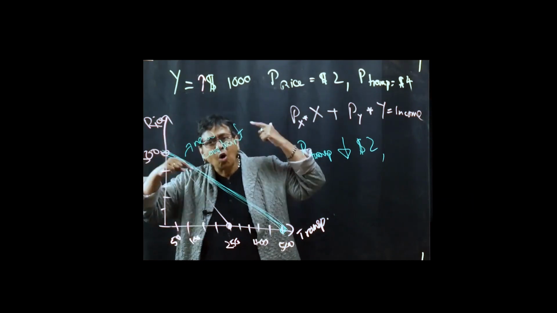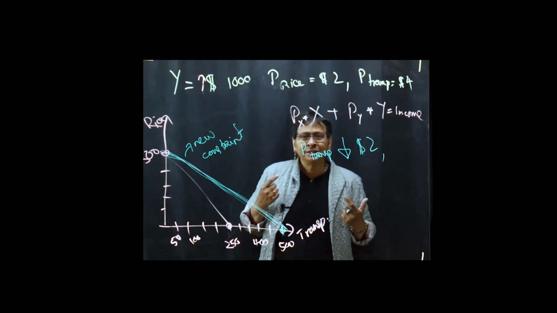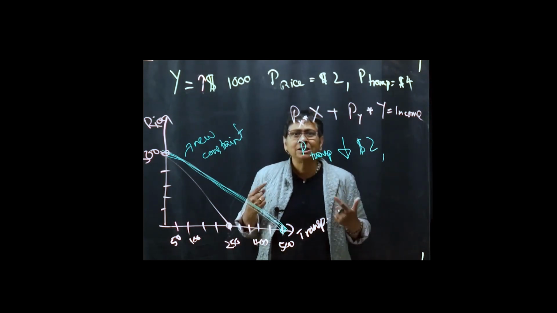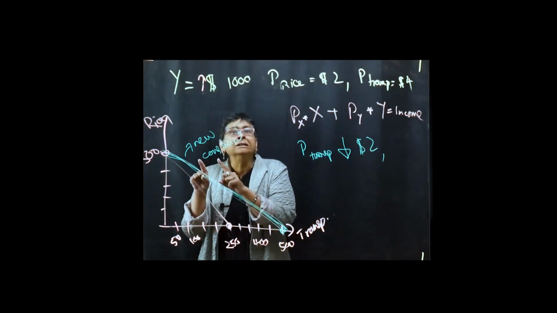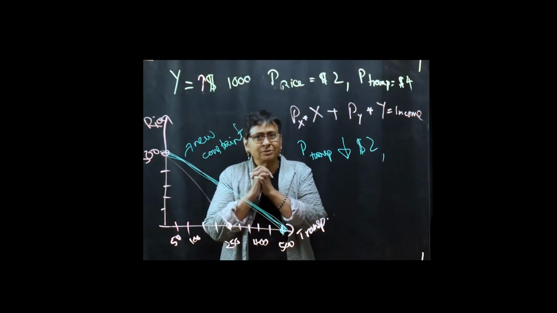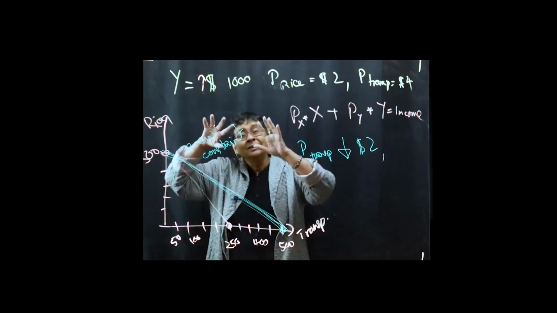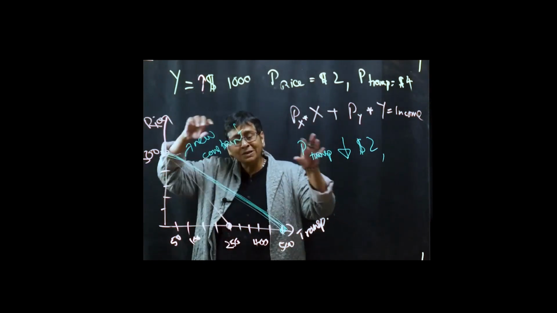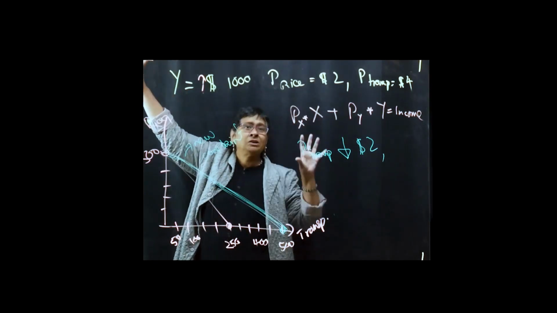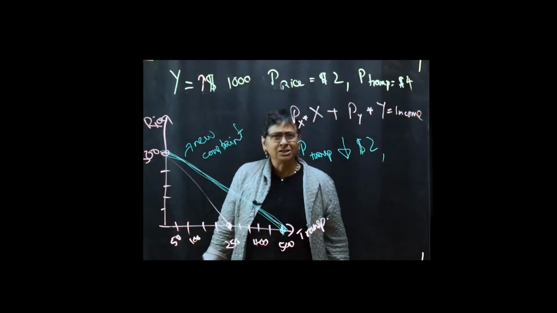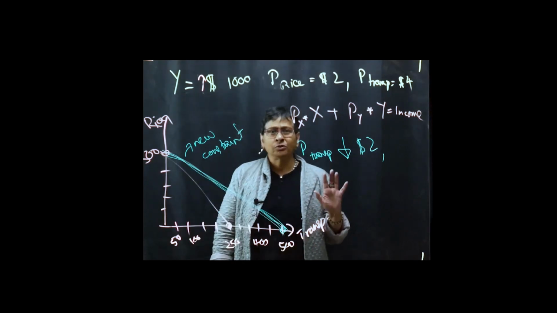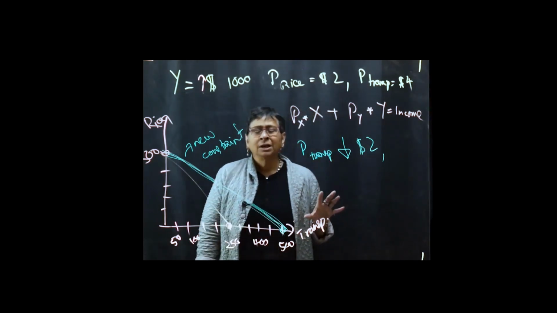So the opportunity cost idea and the budget constraint idea is to alert you to what you already learned when you learned about the PPF, the Production Possibilities Frontier. That was for the whole economy, and you needed changes in the whole economy to get shifts. This is for one individual, just for you, your story, not the whole economy story.